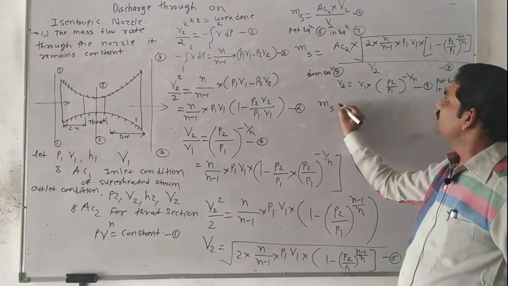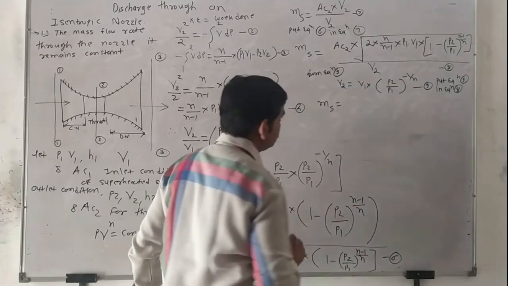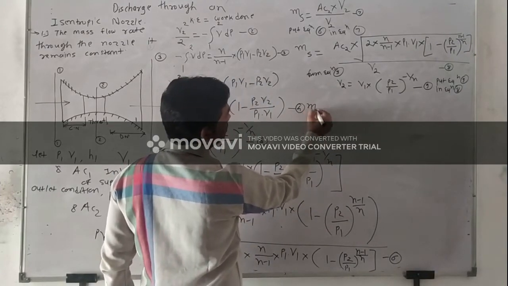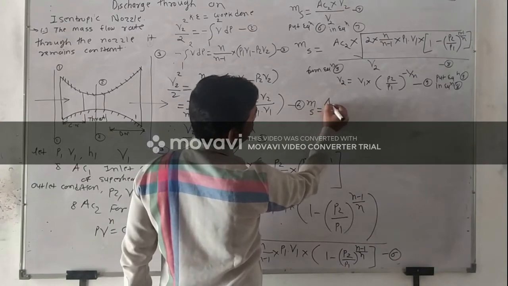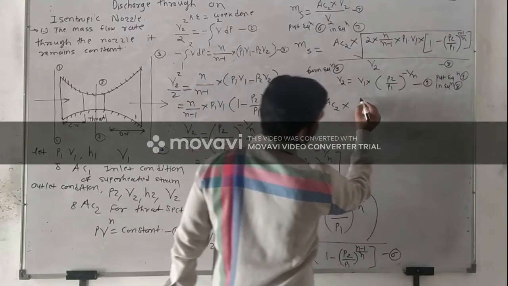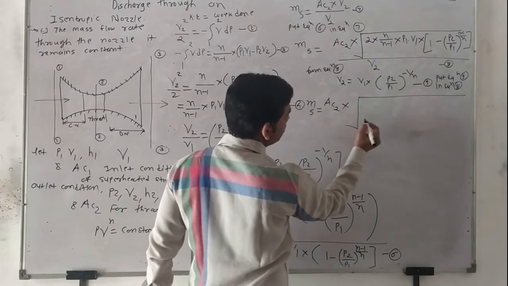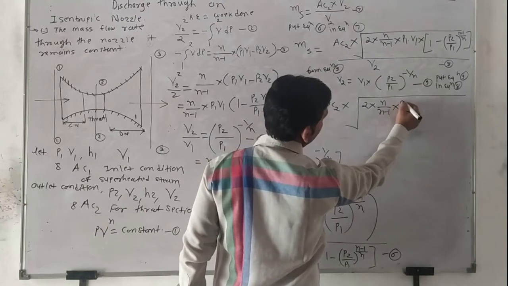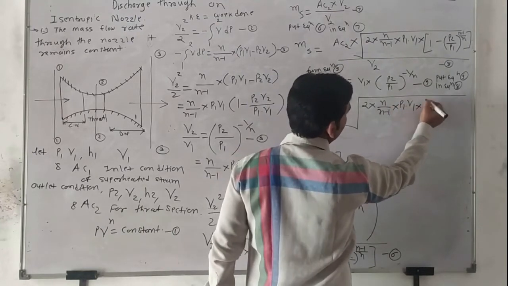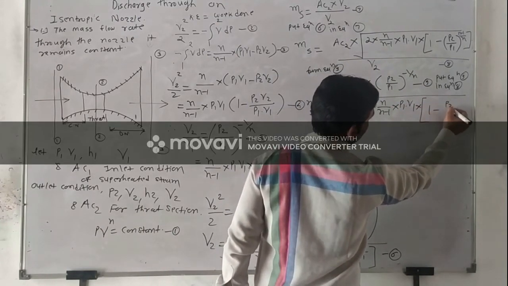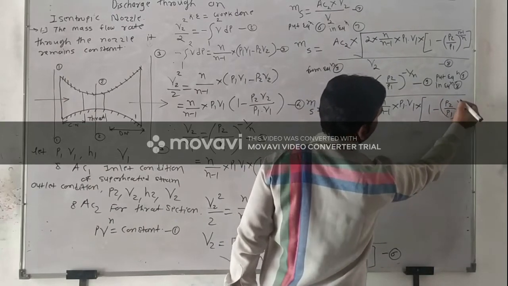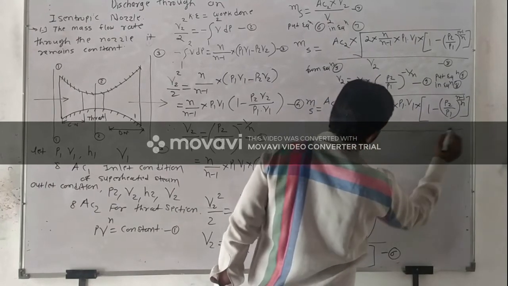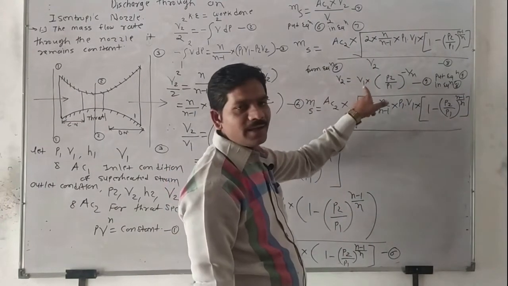The mass flow rate ms is equal to Ac2 into the square root of twice n upon n minus 1 into P1 V1 into 1 minus P2 upon P1 to the power n minus 1 upon n, the bracket complete, divided by V2, which is replaced by this term.